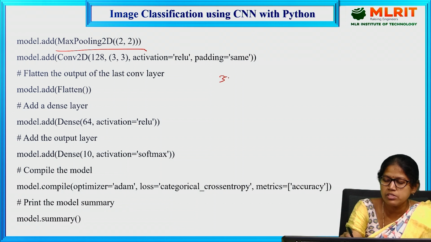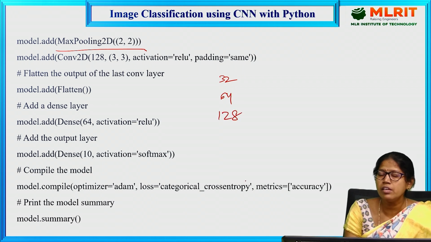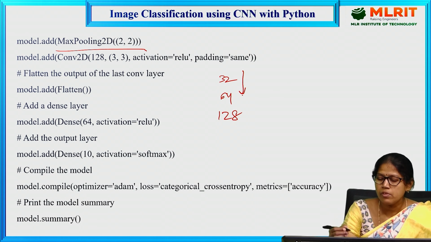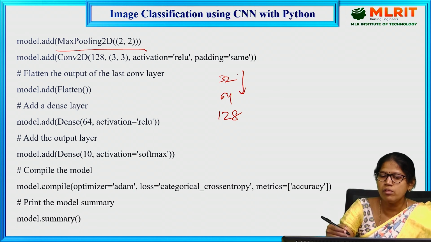First, 32 filters are applied on the image. Next is 64. After that, 128. Why are we going in depth? If you go into detail, then there is no chance of missing any detail of that image. Whenever you train the model with more samples, it will give accurate results.